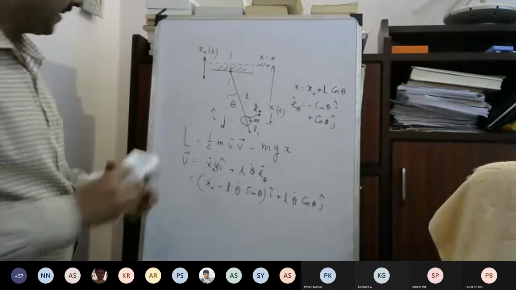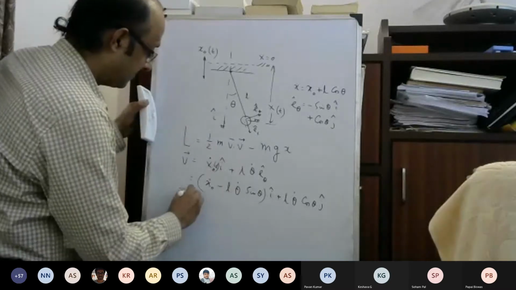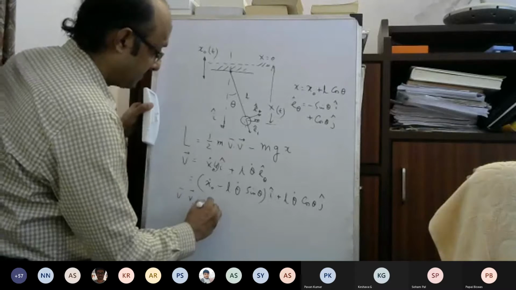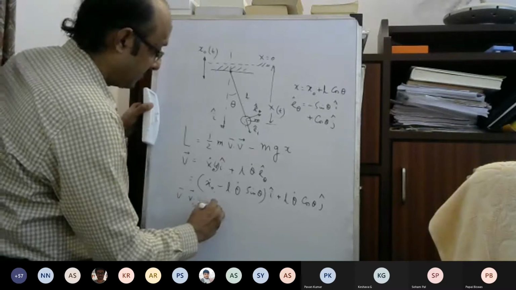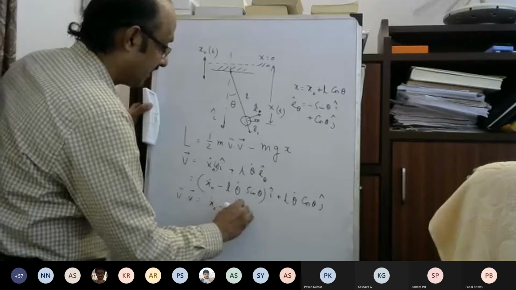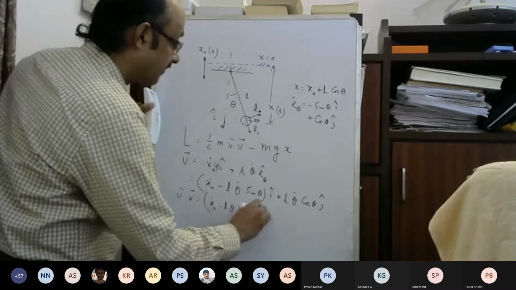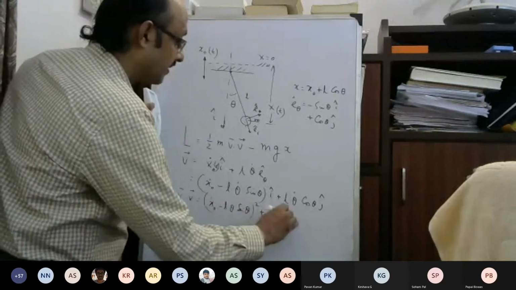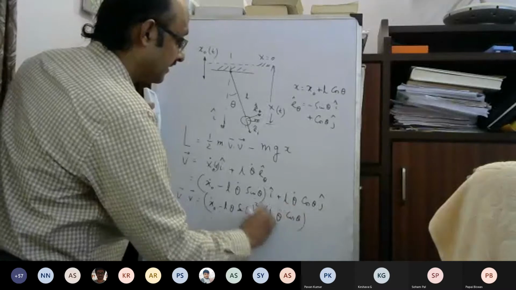Okay. So v dot v here will be equal to x naught dot minus L theta dot sine theta squared plus L theta dot cosine theta squared.